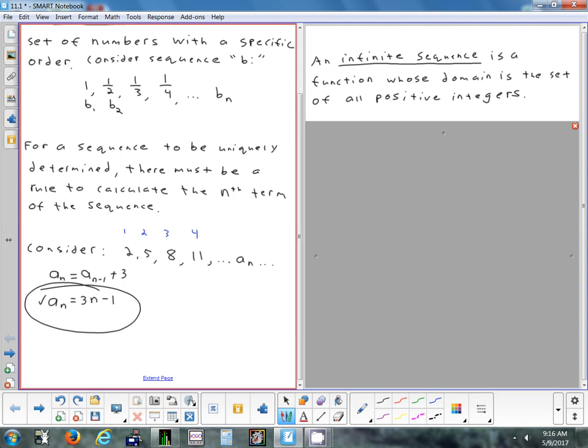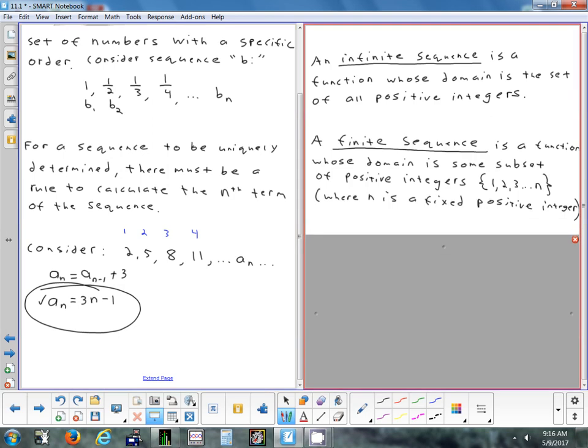Okay? And if it's an infinite sequence, you can use any positive integers you want. If it's a finite sequence, then the domain has a limit. You can only go up to a certain value. Right? If you had a sequence with 10 terms, then n would be 10. That's the highest number you're allowed to plug into the formula.